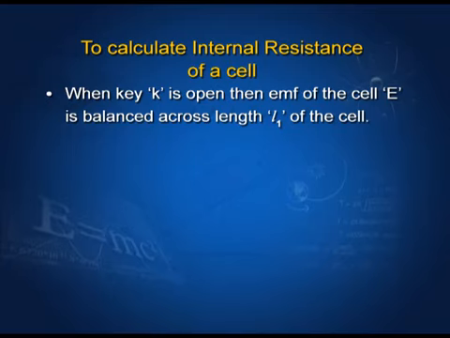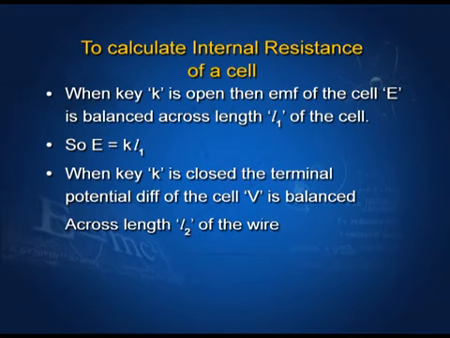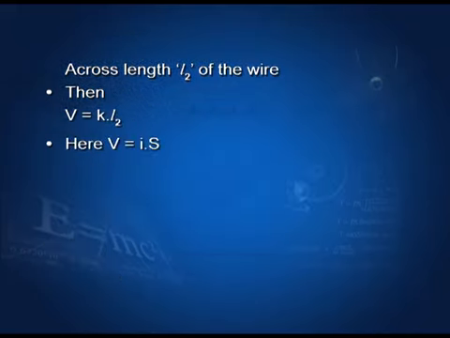When key K is open, the EMF of the cell E is balanced across length L1 of the wire. So, E equals K into L1. When key K is closed, the terminal potential difference V is balanced across length L2 of the wire. Then V equals K into L2. If the external resistance is S, then V equals I into S. So, E upon V equals L1 upon L2.